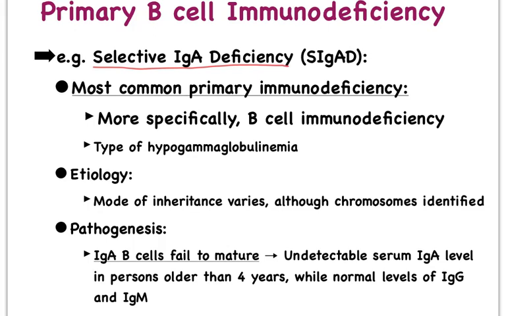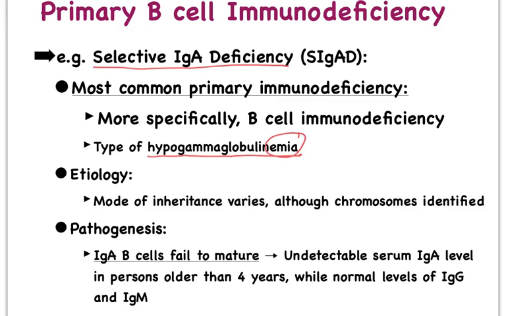And it's, of course, as the name says, a deficiency in IgA, so we can refer to it as a type of hypogammaglobulinemia. Who can say that word? So too low levels of a particular immunoglobulin in the blood. Remember, emia refers to blood.